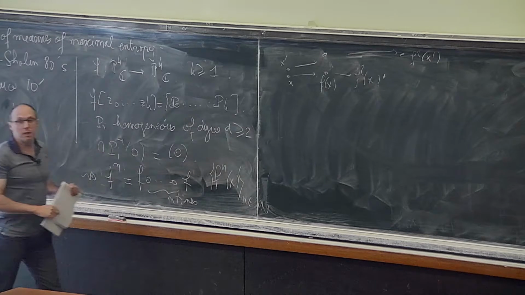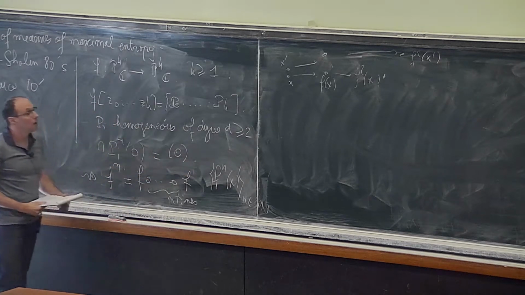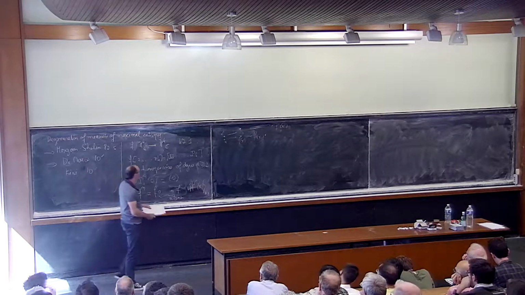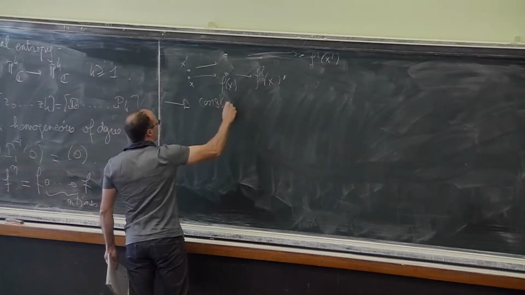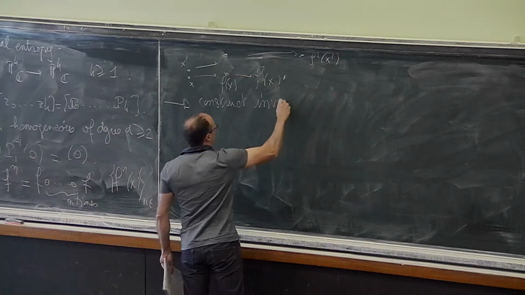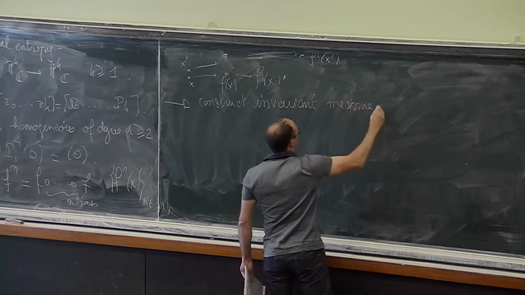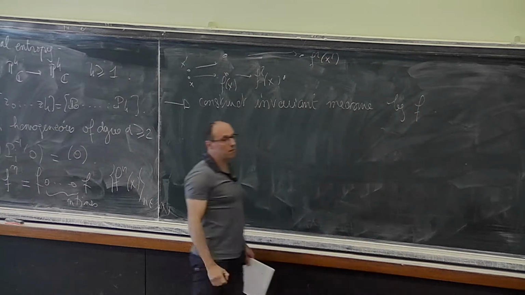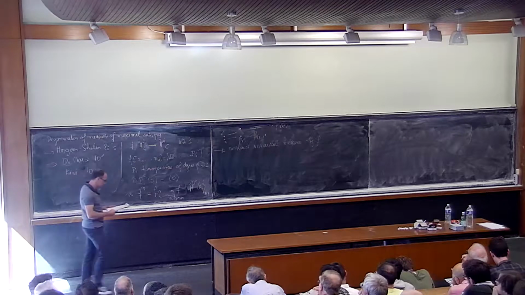So keeping this in mind, it's very hard to describe completely the orbits, and so one tries to construct invariant objects, mainly invariant measures, for our dynamical system f, and to use these invariant measures to give some stochastic properties of our dynamical system.